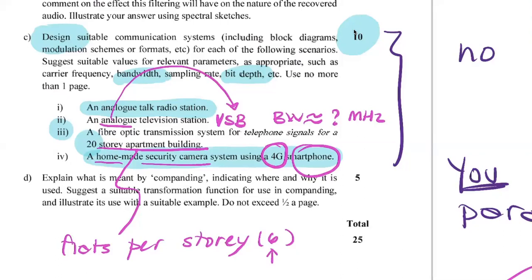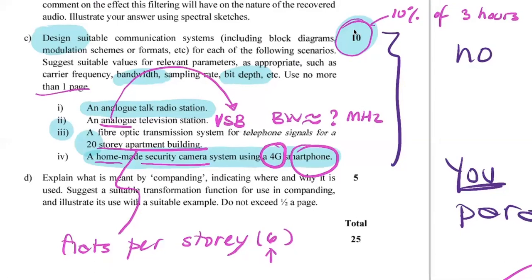You need to include all your assumptions within that. And it says use no more than one page. So don't spend 2 hours doing this question. It's only 10%. So it's 10% of something like 3 hours. So it's not a lot of time. Use that to guide your answers.